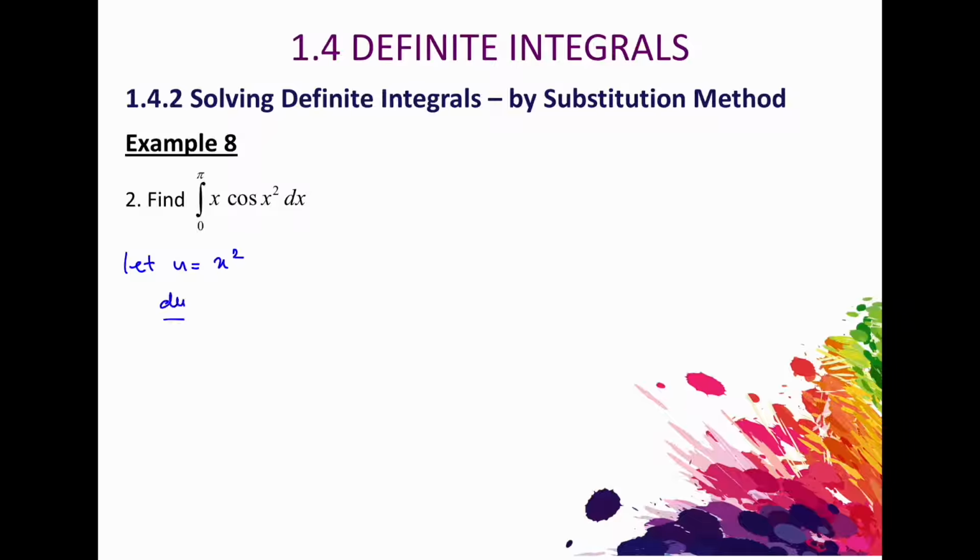So du dx is equal to 2x, and as we can see from the question, we want to replace x dx. So x dx is equal to 1 over 2 du, and then cos x squared becomes cos u.